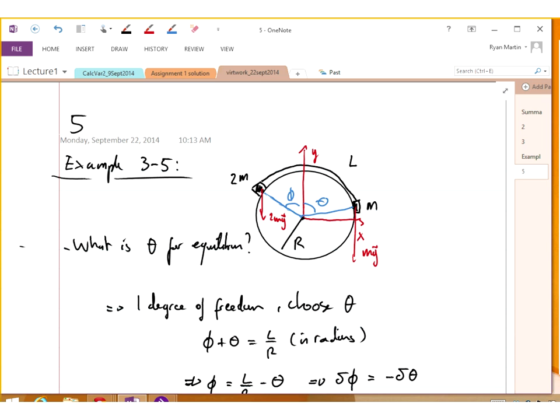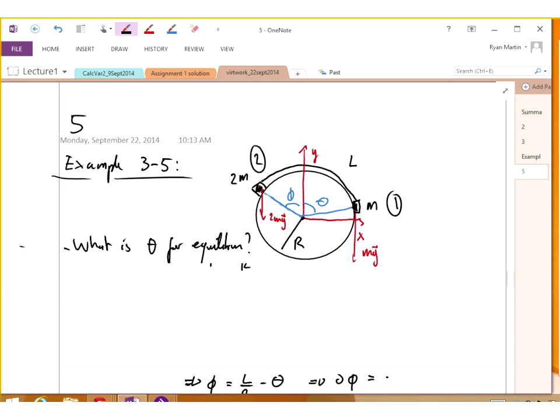Let's call the one on the right mass number 1, and the one on the left mass number 2.